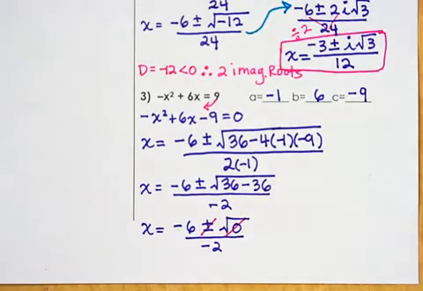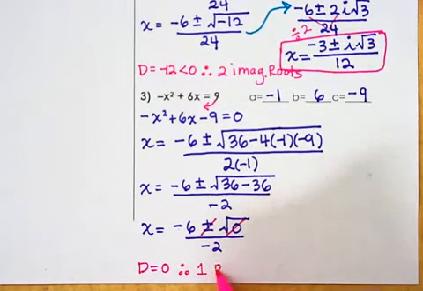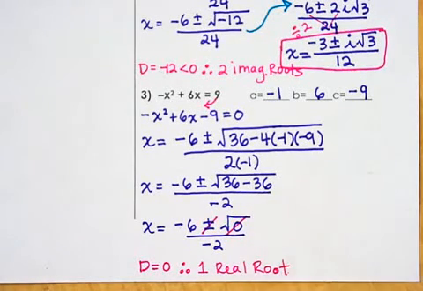Well, let's take a look here at what we talked about yesterday with discriminant. So the discriminant for this particular problem is actually equal to 0. So since the discriminant equals 0, then the nature of the roots is that there is one real root. So what is that one real root?